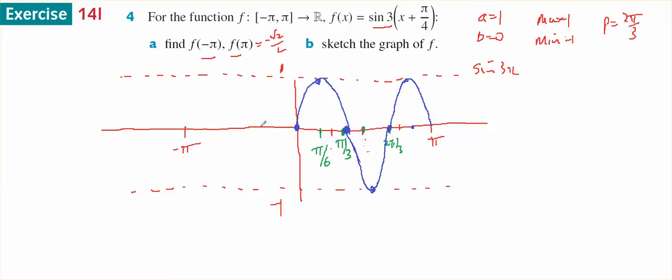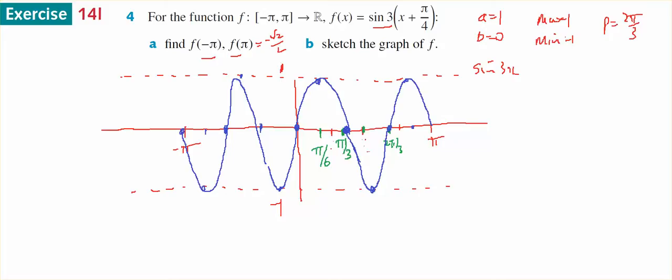And I need to divide this into thirds. So halfway I'm down there, I'm up there, I'm up there, and I'm down here, and in the last third I will complete one complete cycle. And that's where I finish.